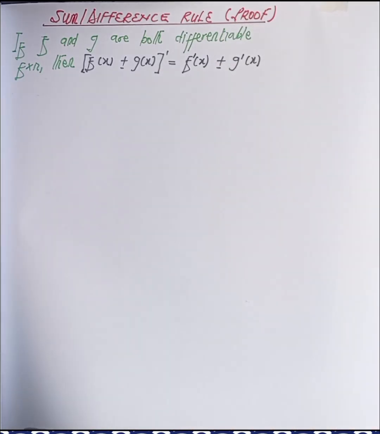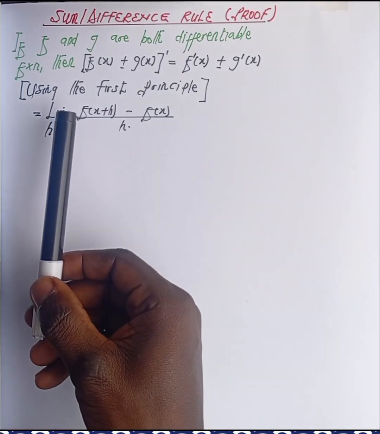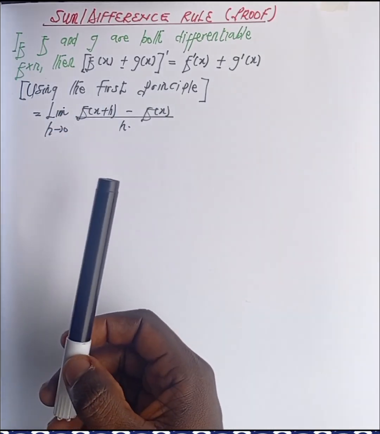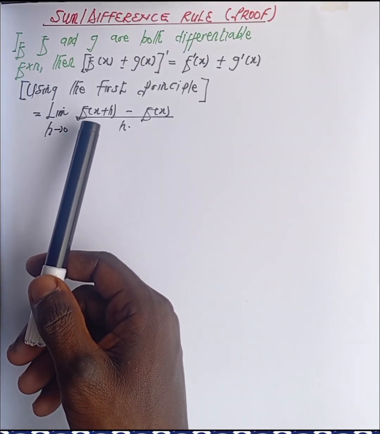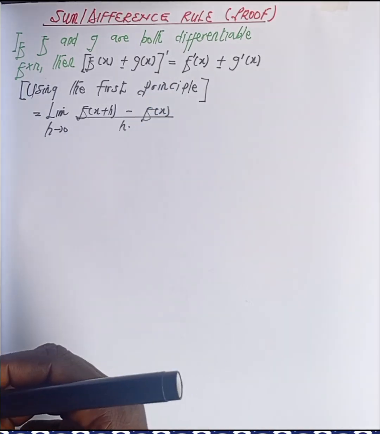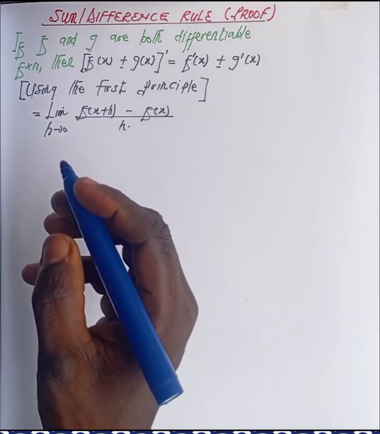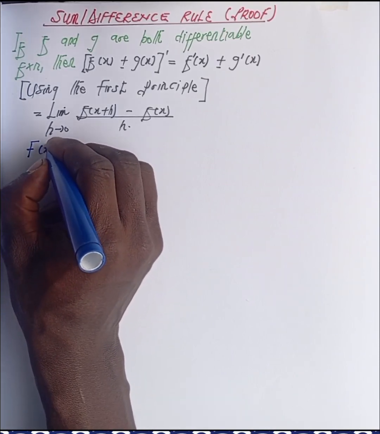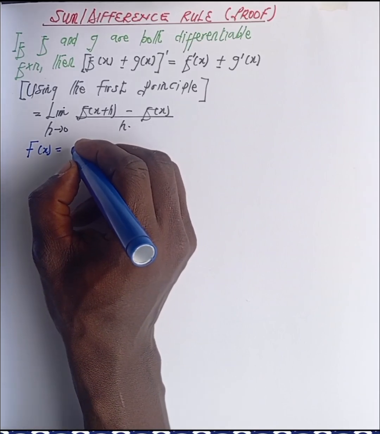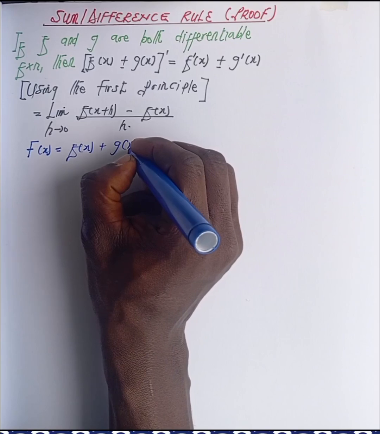So to start with the sum of two functions, we know that the first principle is given as this. So what we are going to do is we find our F at x, we find our F at x plus h. So from here, our F at x, let's denote it by capital F. So capital F at x is given as small f at x plus g at x.